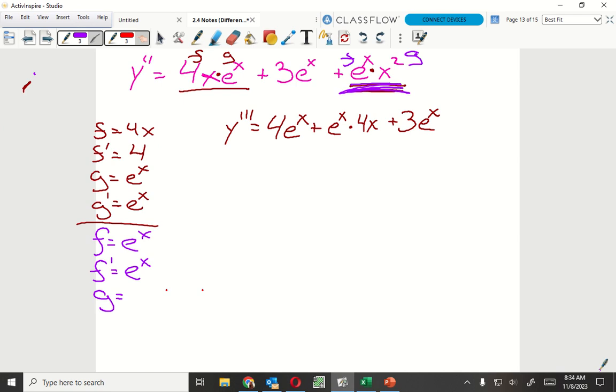Maybe. I don't know. All right, so g is x squared, and g prime is 2x.